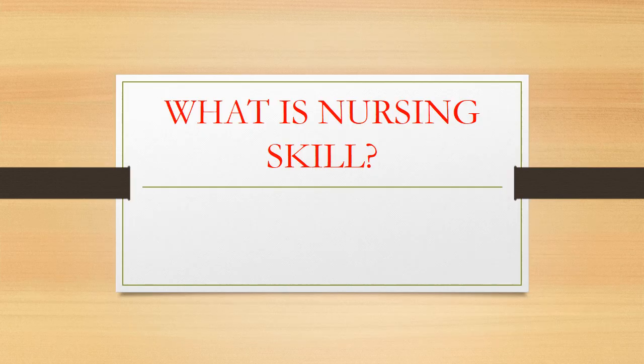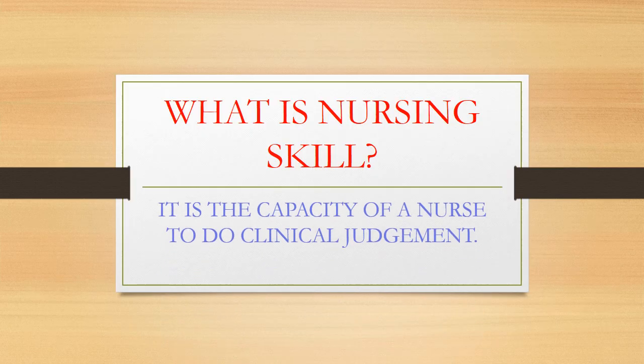What is nursing skill? It is the capacity of a nurse to do clinical judgment of her patient. That's what we call nursing skill. If we fail to do a clinical judgment properly, we fail to do the rest of the assessment also.